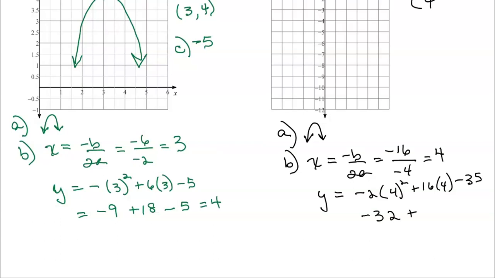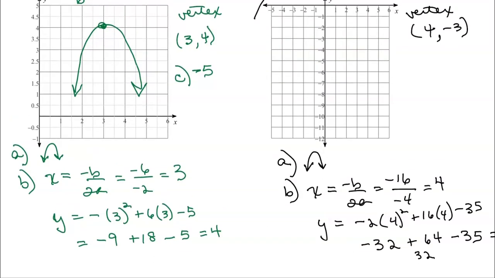Plus 4 times 16 is 64 minus 35. Okay, a negative 32 and a positive 64 is a positive 32. Positive 32 minus 35 equals a negative 3. So my vertex is 4 comma negative 3.